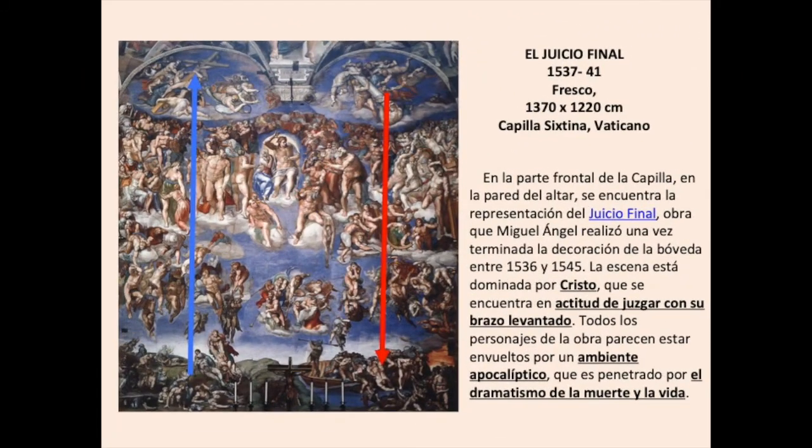Okay, so here we see the Final Judgment, in the same Sistine Chapel in the Vatican. After 13 years, when Michelangelo managed to finish painting the ceiling, the Pope said, "Okay, Michelangelo, you did it so perfectly that now I want you to paint the wall in the front."